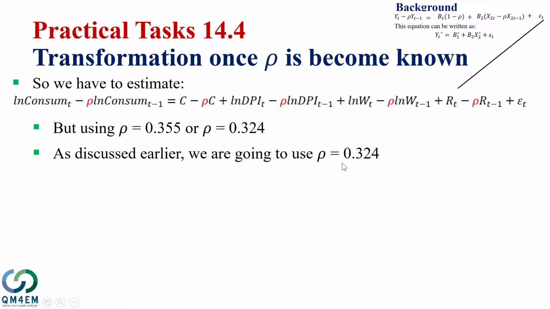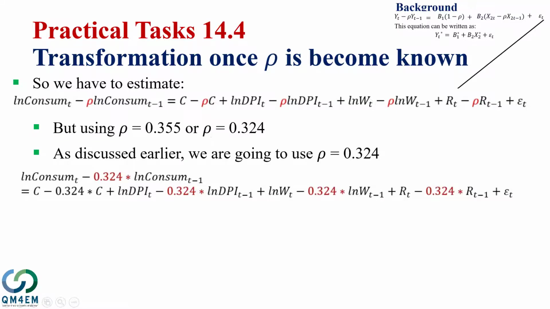This gives me a new equation in which ln of consumption T minus 0.324 into ln of consumption T minus 1 is equal to the constant minus the constant term multiplied by 0.324. Similarly, log of DPI T minus 0.324 into log of DPI T minus 1, and so on for the other variables. The common factor is that you are multiplying the autocorrelation coefficient with the lag value of the particular variable, and then subtracting it from the original variable.